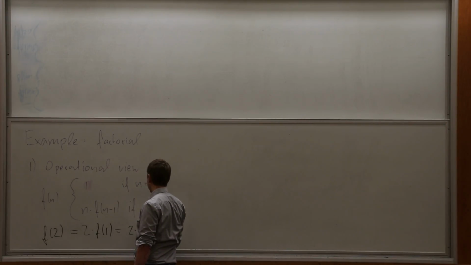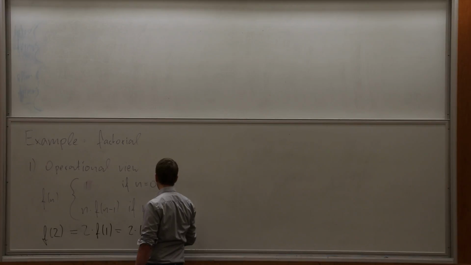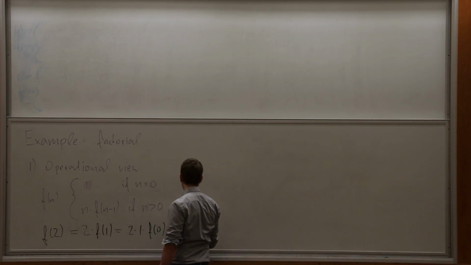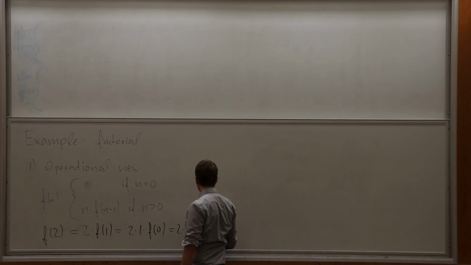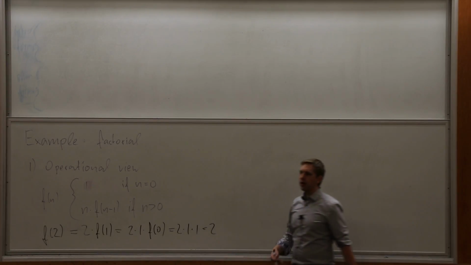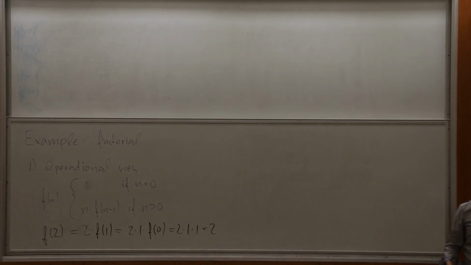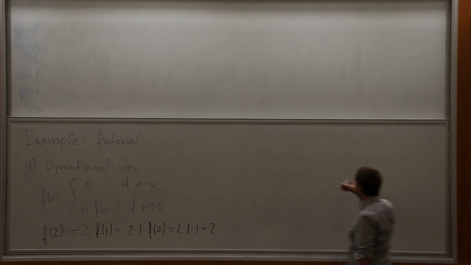So this is 2 times 1 times f of 0, and this is 2 times 1 times 1, and this is 2. That's probably the way you would think of a recursive definition. But we also can think of it differently.